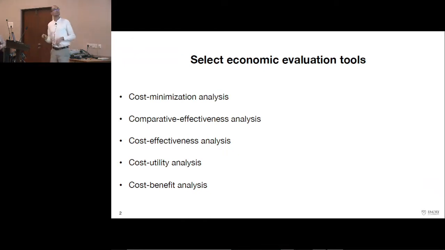However, we can even do just a cost minimization analysis. That would be pretty much the same thing. We just wouldn't measure effectiveness. We would just focus on the cost dimension. The benefit of this is we can just compare dollars to dollars, and we find whichever intervention is cheaper.